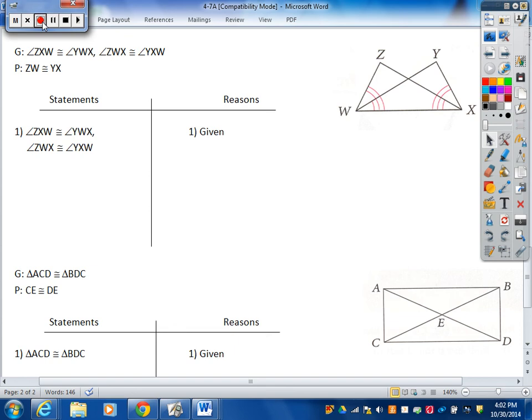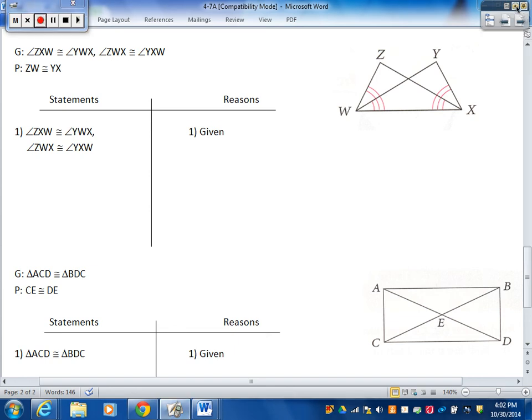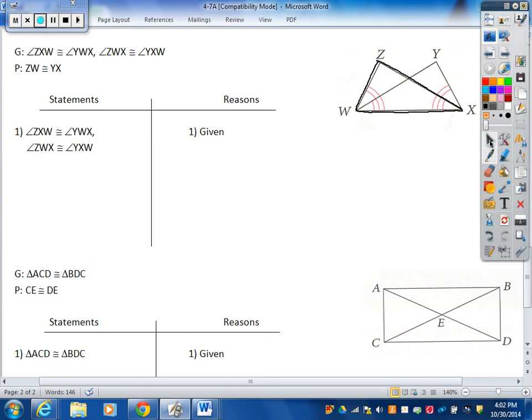All right, so if you paused it and you actually tried to look over what we are given within these two triangles, which ones we're going to want to prove congruent, here's what we have, okay? This triangle right here, ZWX, we know that we have this small angle here and this larger angle at W congruent to two of the angles of the other triangle.